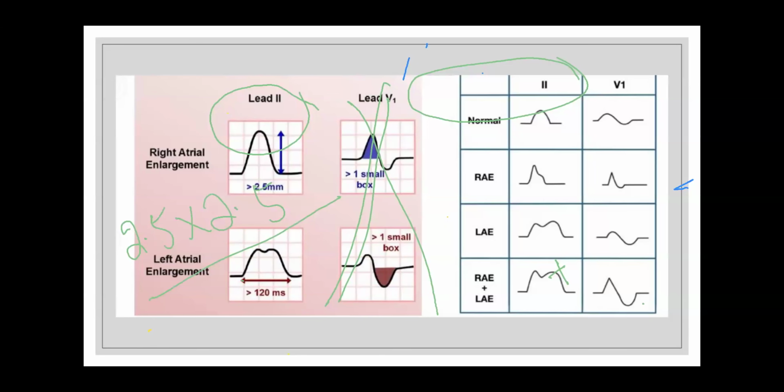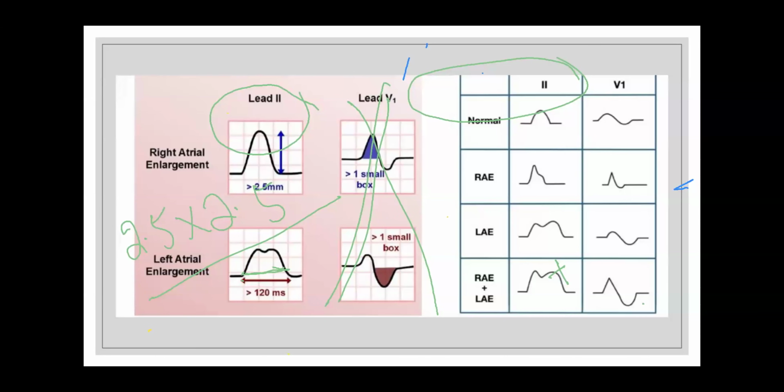The length should be 2.5, and the width should also be 2.5. So the general rule is 2.5 small boxes upward and 2.5 small boxes horizontally. This is the normal.